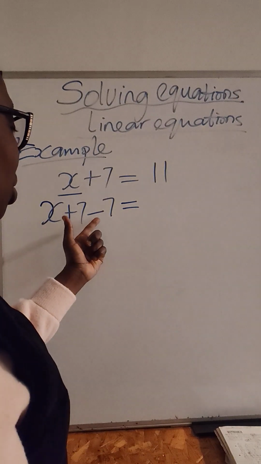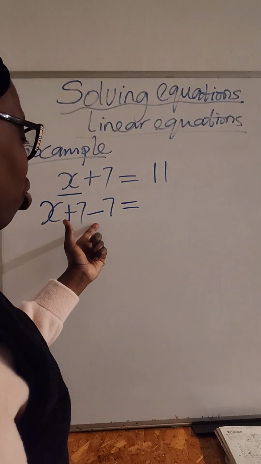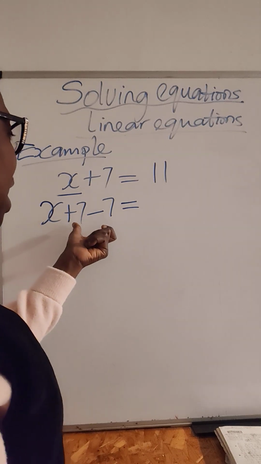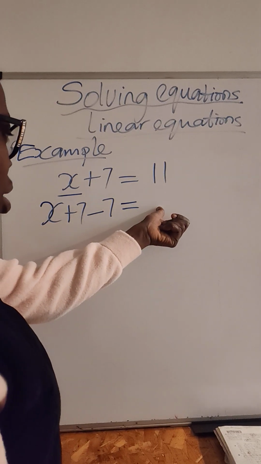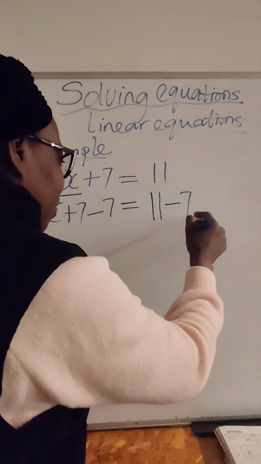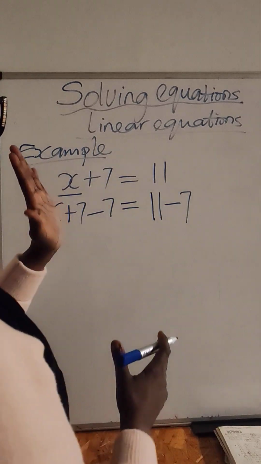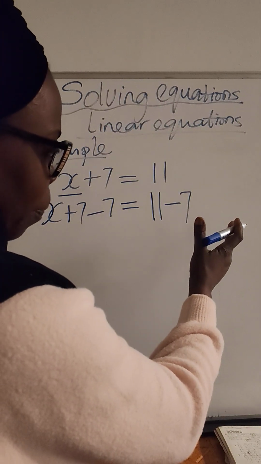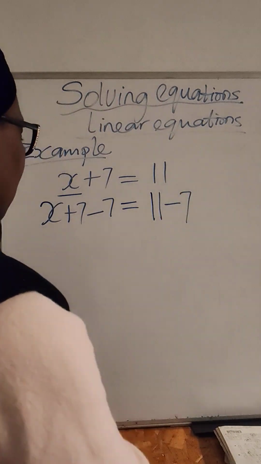So we're going to subtract 7 on this side too: 11 minus 7, because whatever happens on the left side will happen to the right side.